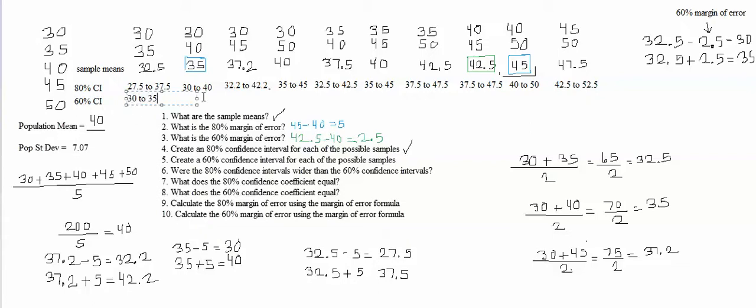Now what about for sample 2? We take the mean of sample 2, 35, add and subtract the 60% margin of error again, which is 2.5, and we get another 60% confidence interval.